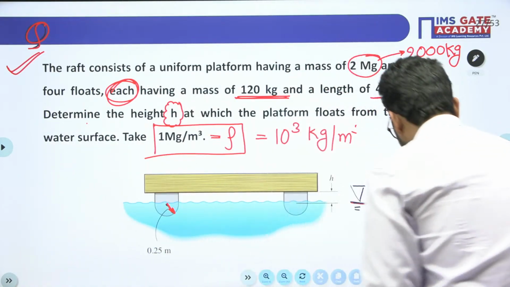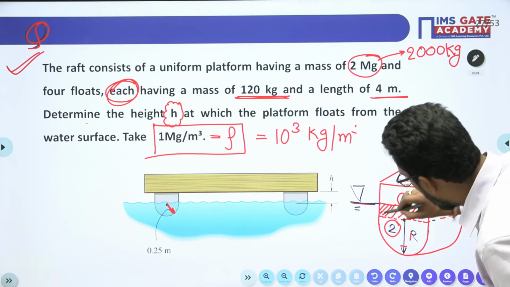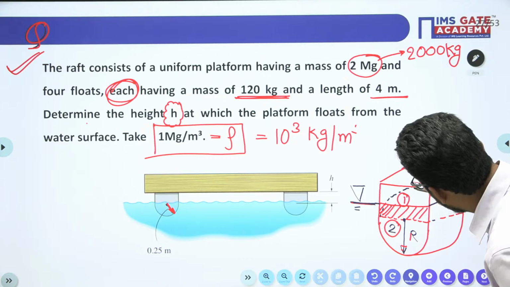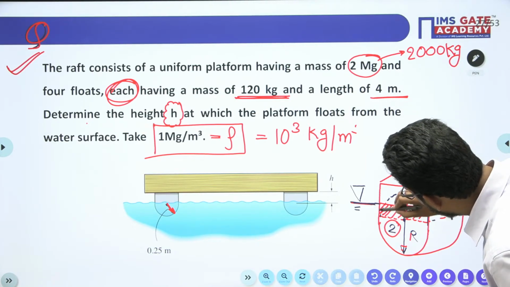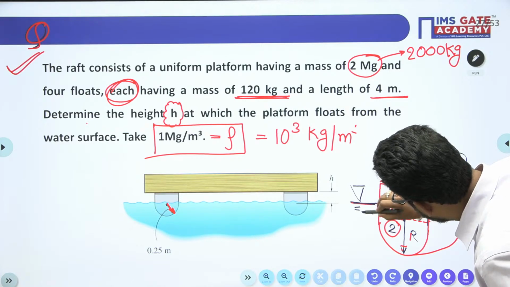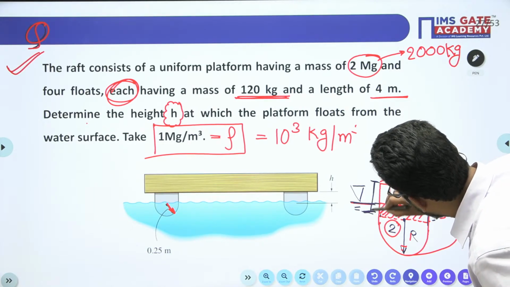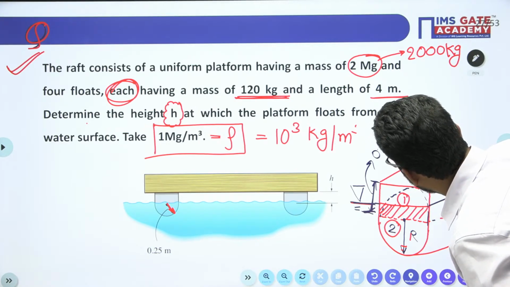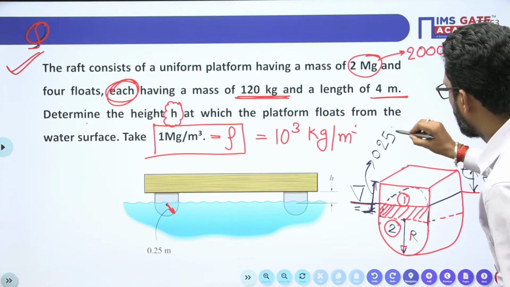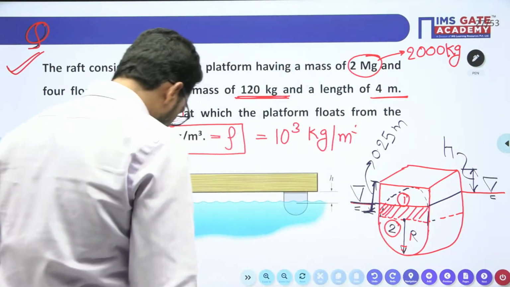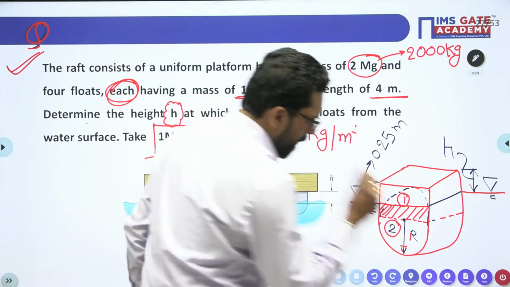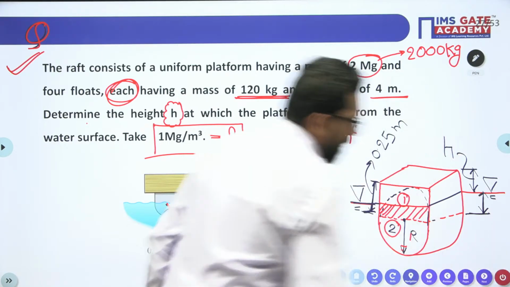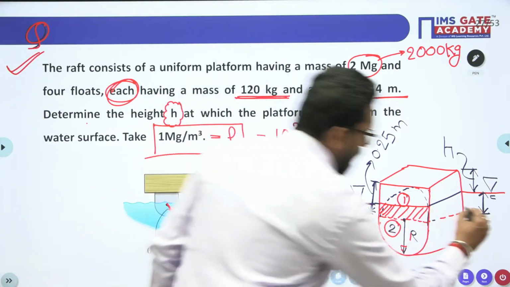See, this is the circle, and that circle is touching like that. So this height is also 0.25 meter. So what portion will emerge into the rectangular part, above the surface?